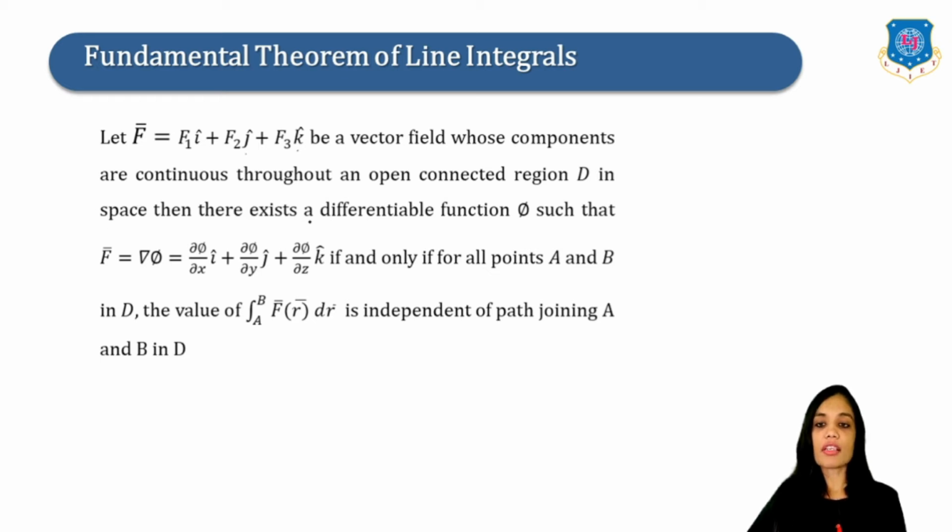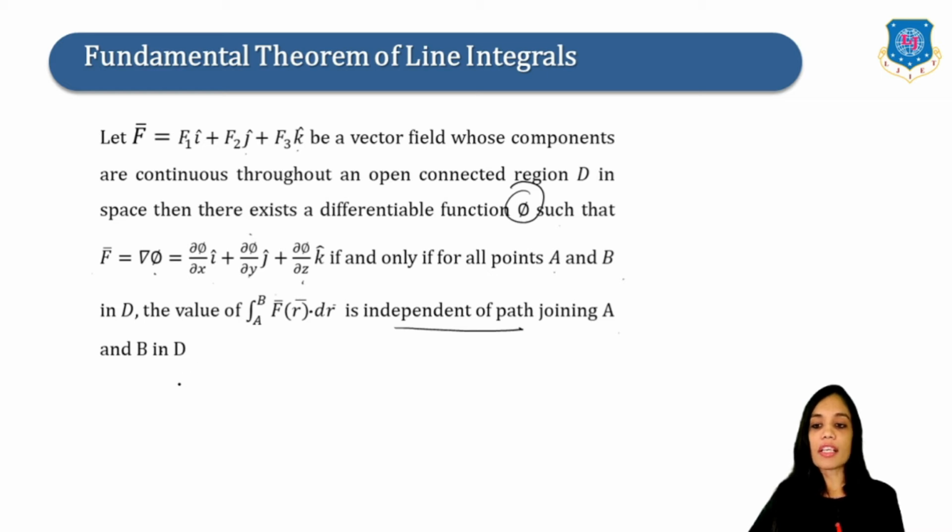Then there exists a differentiable function phi, so this is your scalar potential, such that f bar equals gradient of phi, that is del phi by del x i cap plus del phi by del y j cap plus del phi by del z k cap, if and only if for all points A and B in D, the value of the line integral from A to B of f bar dot dr bar is independent of the path joining A to B.